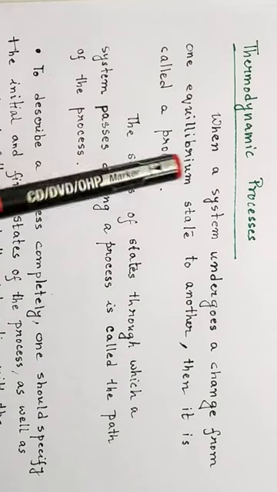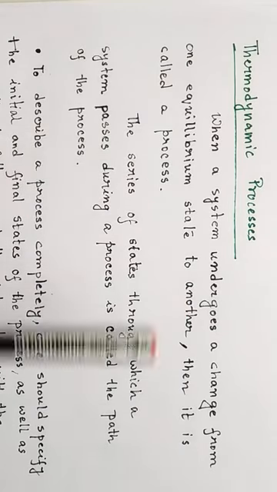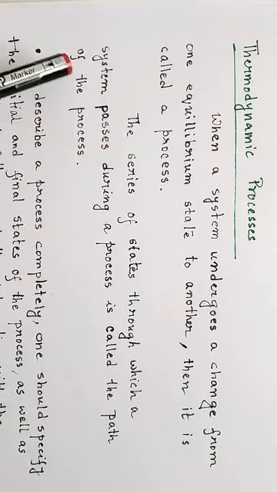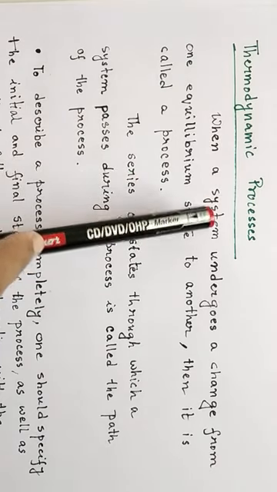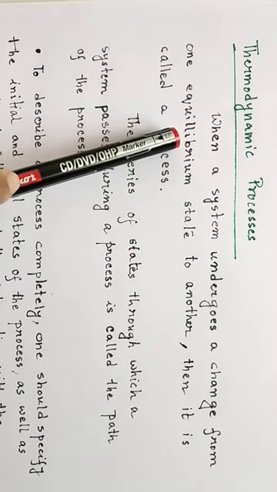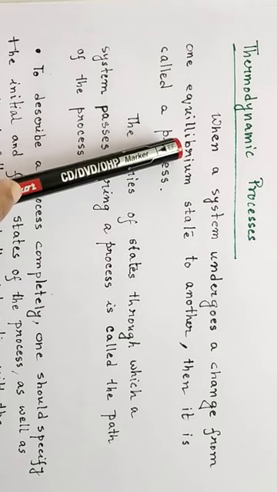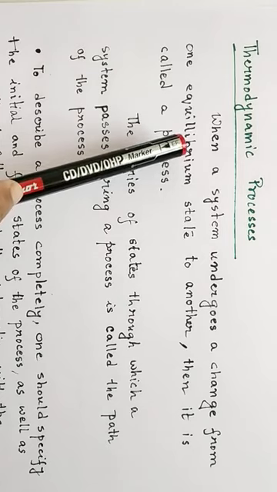Now during a process, the series of states through which a system passes is called the path of the process. Initially, when the system is at an equilibrium state, it has a particular set of thermodynamic variables, that is, a particular pressure, volume and temperature.